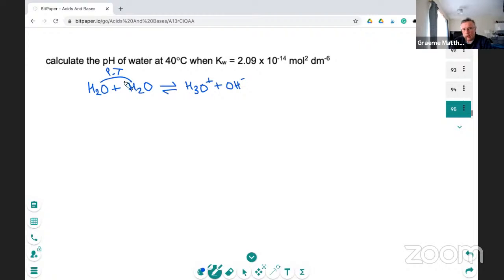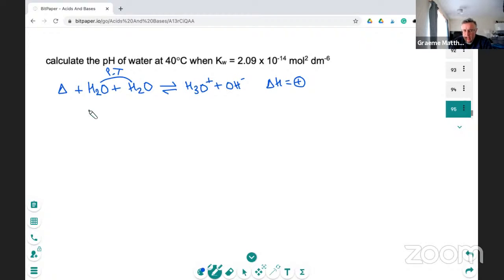So we're thinking that this is endothermic, and we did this last time. Delta H is going to be positive. How I teach it is to put the triangle on the left-hand side because it's acting like a reactant. You're adding heat in to break the bonds in order to form the H3O plus and the OH minus.